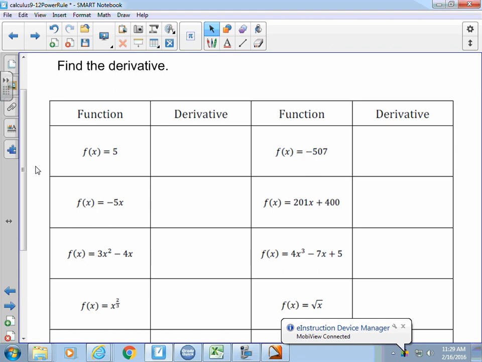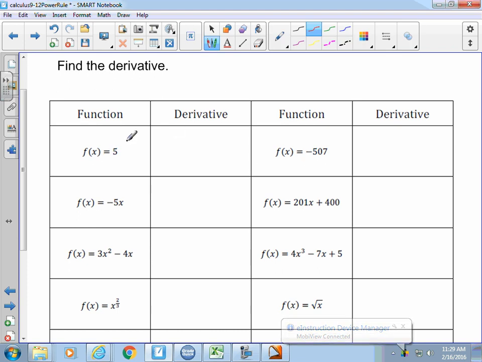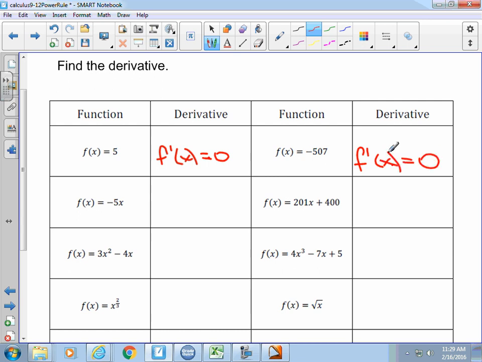So, would you agree that these two are both horizontal lines? So what is the slope of any horizontal line? 0. Okay, now let's also talk about the power rule, because it works too. If we really understand exponents, would you agree that this is 5x to the 0 power? You would never write that, that would be silly, but it is. And what's 0 times 5? 0.